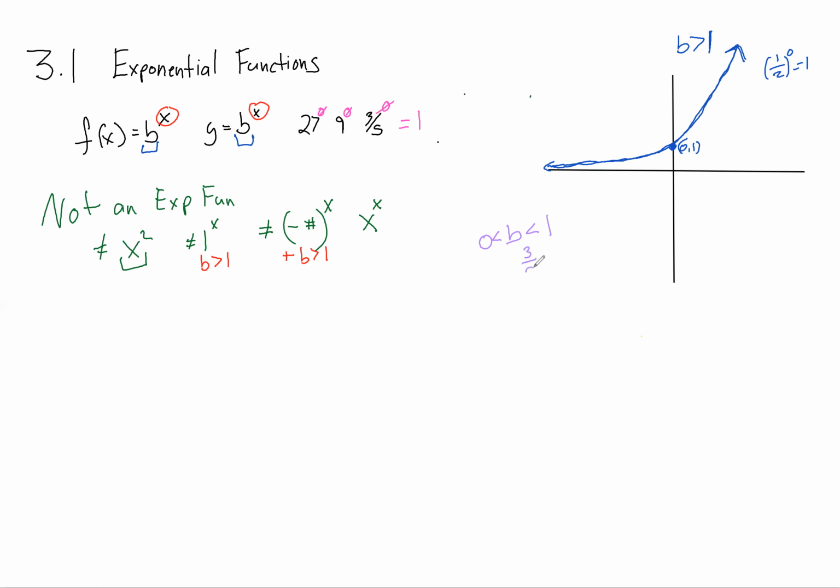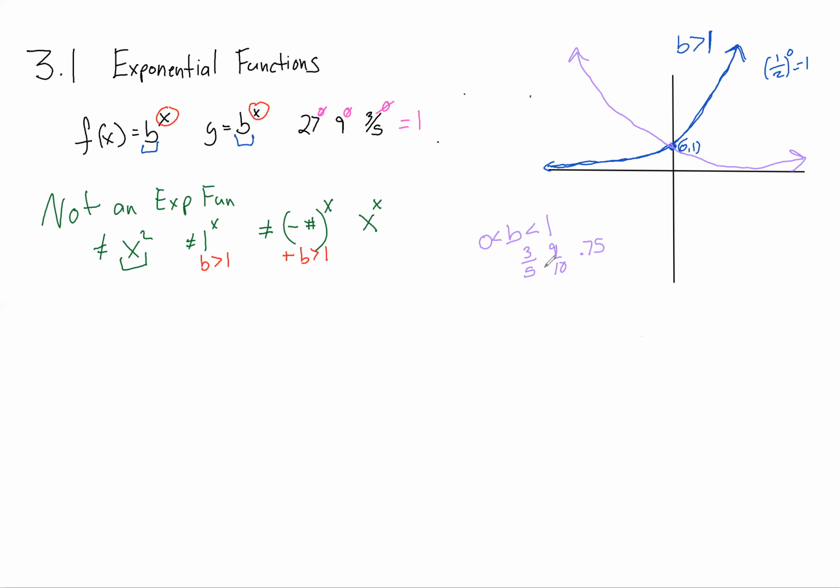We've got 3/5, that's between 0 and 1. 9/10, that's between 0 and 1. Also decimals. If our base is 0.75, that is between 0 and 1. And what happens is the graph goes up to the left and down to the right.